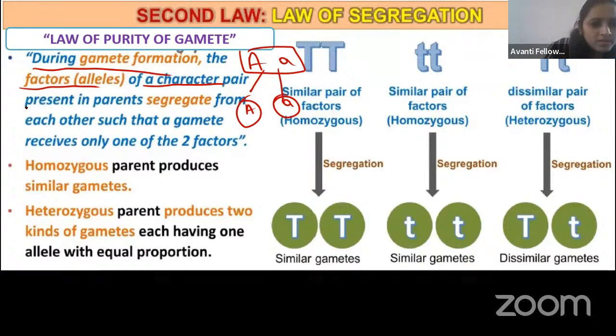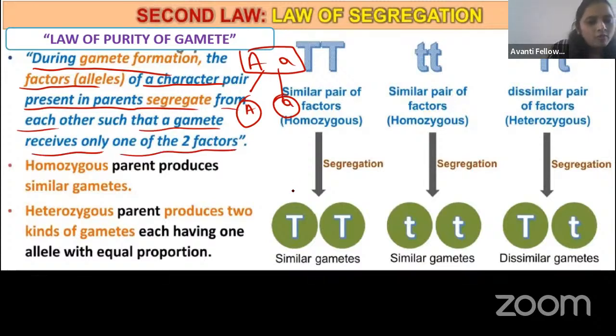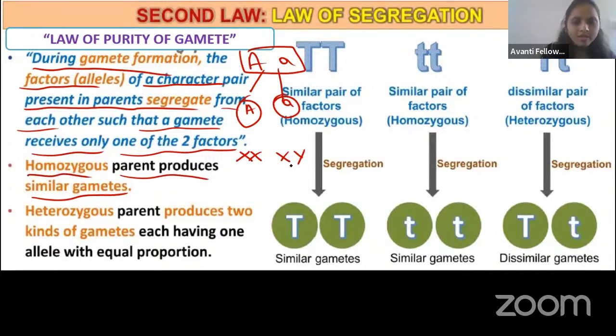Okay. So it was present in a parent, from each other, such as a gamete. So recessive only one of the two factors. Okay. So for example, homozygous parents produce a similar gamete. For example, if you take a female, she is having XX. The male is having XY. So the male will produce two types of gamete, right guys? X and Y. They are segregated.